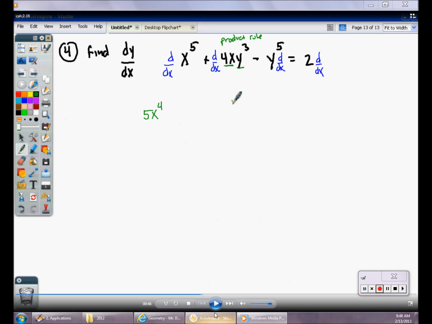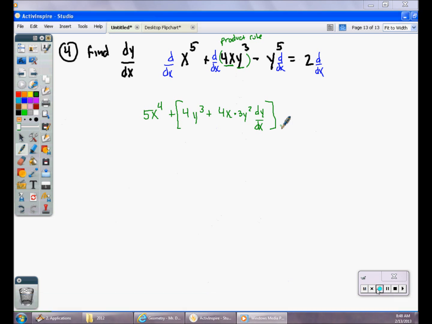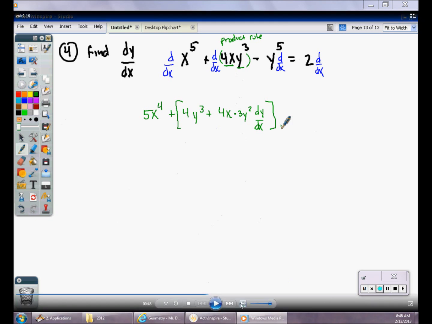And the product rule is going to be applied with my 4xy cubed. So you can see the product rule being used here. It's take the derivative, leave it, plus leave it, take the derivative with the proper notation. The derivative of y to the fifth and the derivative of 2.